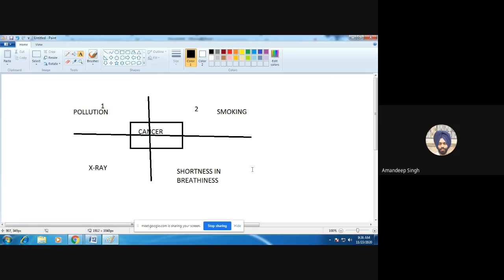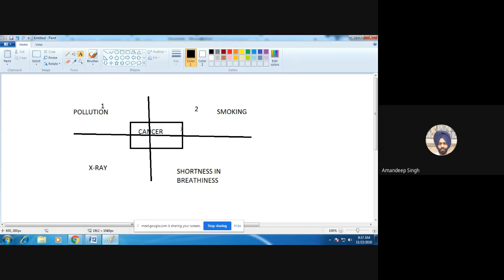These were the examples we discussed regarding the patient: if the patient is having some symptoms, what conclusions can be drawn by generating the probabilistic values.